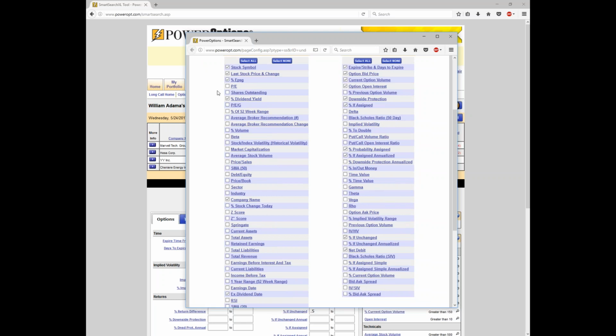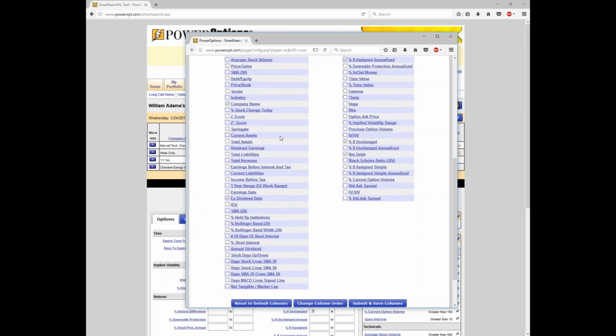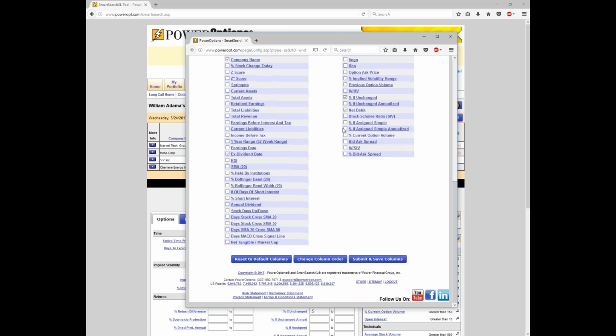But anything that you wanted to see for the stock: PE ratio, broker recommendations, market cap, average volume, price to book, sector or industry, revenue, liabilities, EBIT data, and more, percent short interest, number of days to short interest, Bollinger bands, if you're using that, you'd want to select that as well. Percent held by institution. So you can customize the search fields. Just check the boxes you want. You can either change the column order down here below or click on Submit and Save Columns.